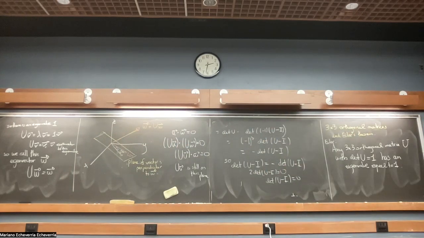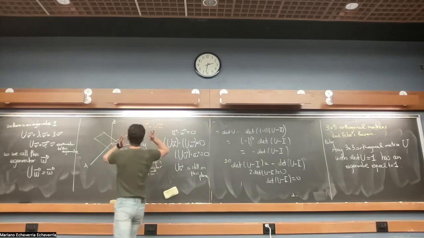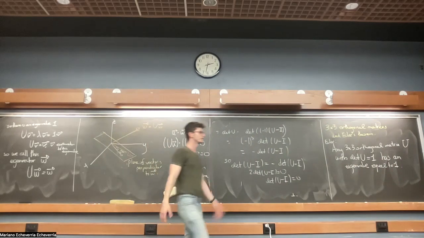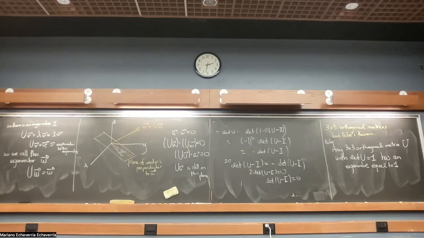So any 3x3 orthogonal matrix is really a rotation about some axis. And you can choose that axis so that its magnitude gives you the angle of rotation. So that's a useful way to specify rotations in space in terms of an axis and an angle.